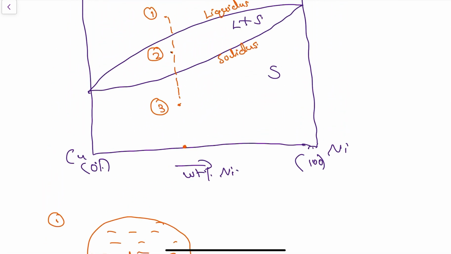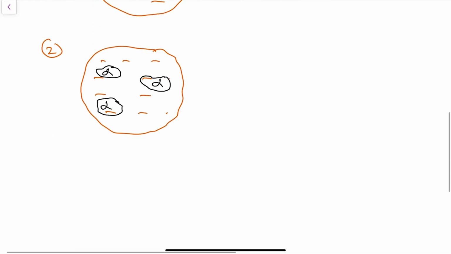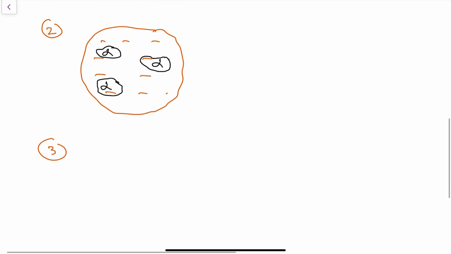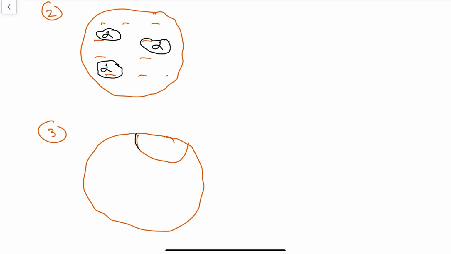So if you move down to the solidus, more and more alpha forms, and finally at 3, you will get complete alpha like this.